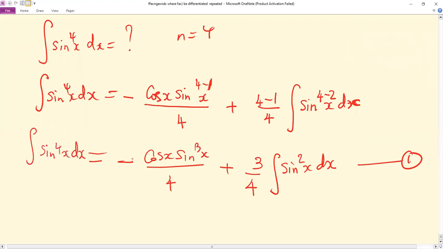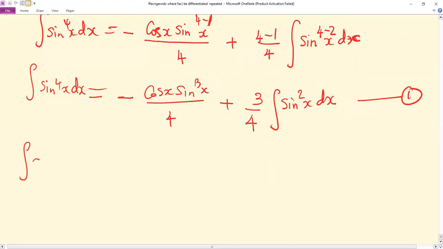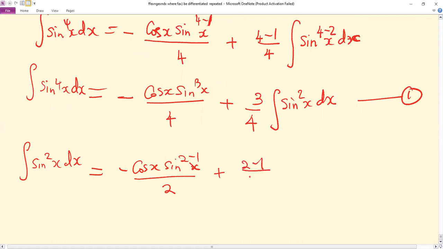Now we are also required to find the value of the integral of sine squared x dx. Here n is 2, so it'll be negative cos x sine of 2 minus 1 x divided by 2 plus 2 minus 1 over 2 times the integral of sine 2 minus 2 of x dx, and 2 minus 2 is 0.